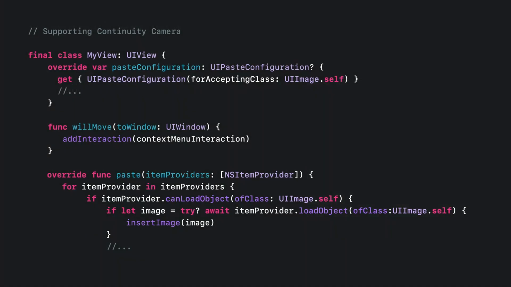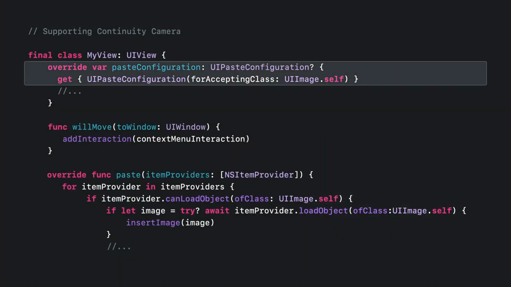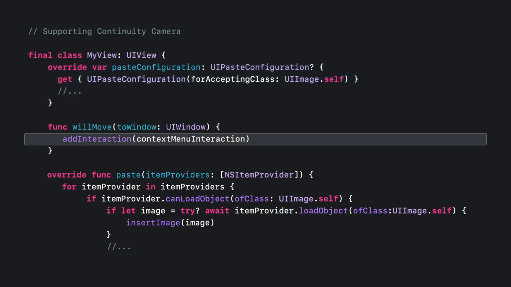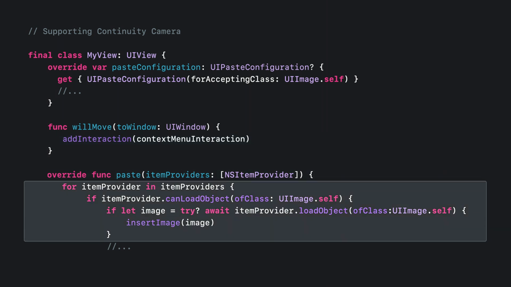To add support for Continuity Camera to any view, simply return a UIPasteConfiguration object that accepts images from your view's paste configuration property, then add a UIContextMenuInteraction. Then implement the pasteItemProviders function to load and paste the incoming objects, in this case, images.